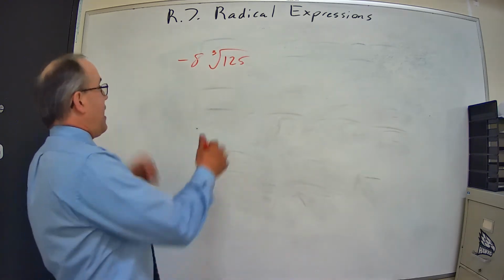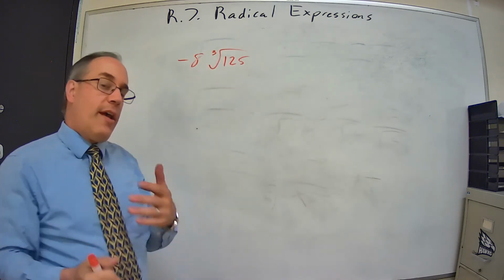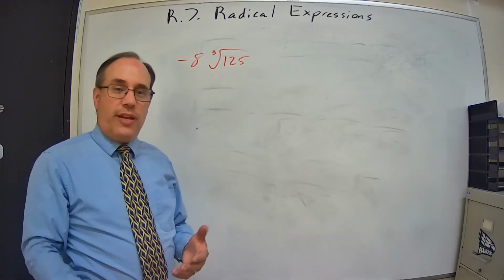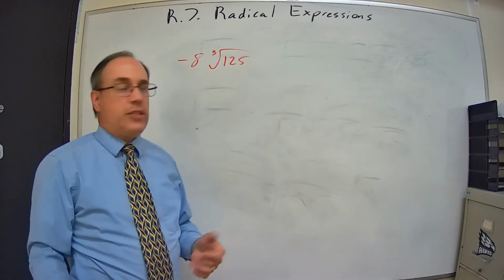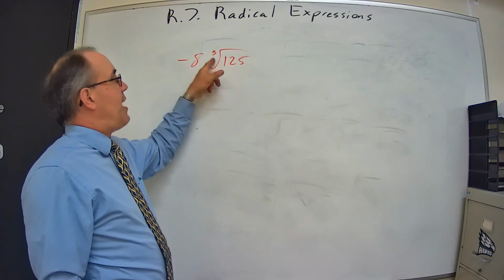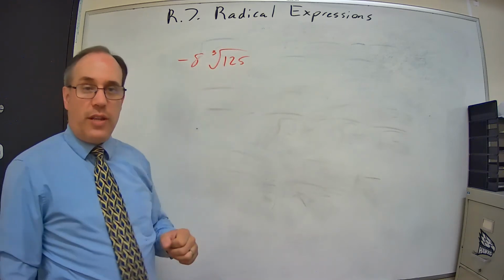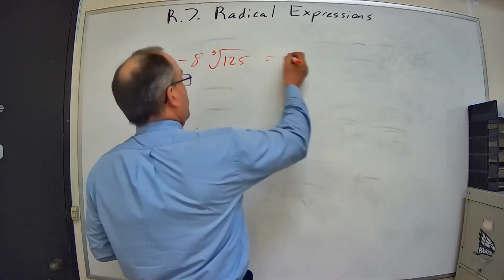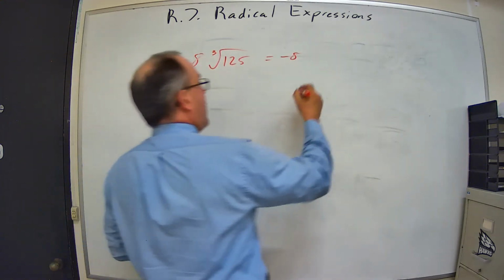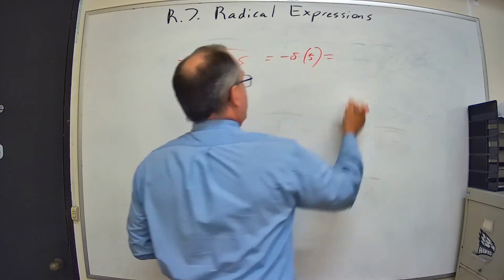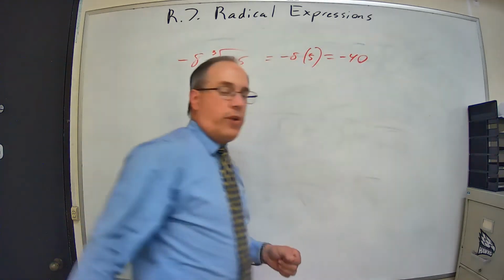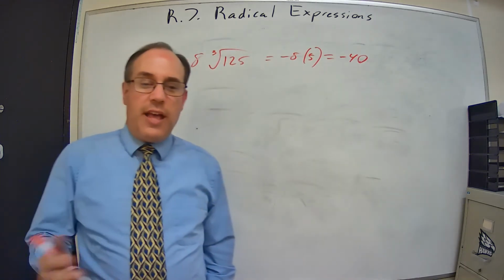It then says exponents. Remember that the index of a radical is an exponent. It's the denominator of an exponent. So we're going to perform this radical first before we do anything else here. So it's equal to negative 8 times, well, the cube root of 125 is 5. Now we can do negative 8 times 5 is negative 40. So that one wasn't too bad.